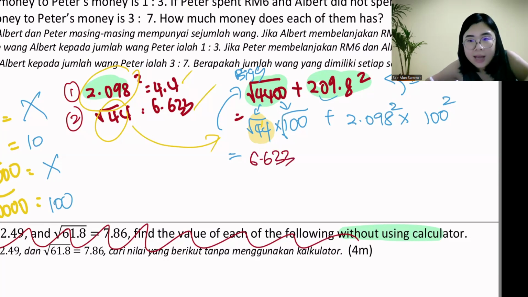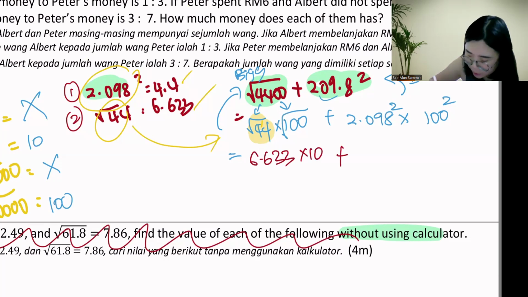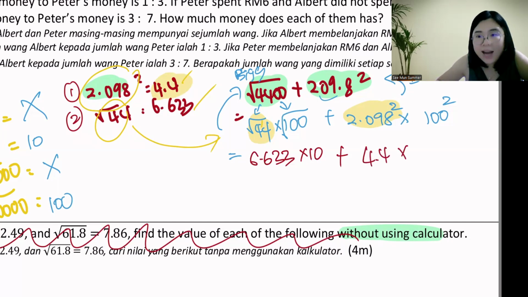Okay, and then root 100. We know already, right? We can root 100, it will become 10. And then plus this. Do we have an answer for this also? I think we have, right? 2.098 is equal to this, 4.4. And then 100 square.